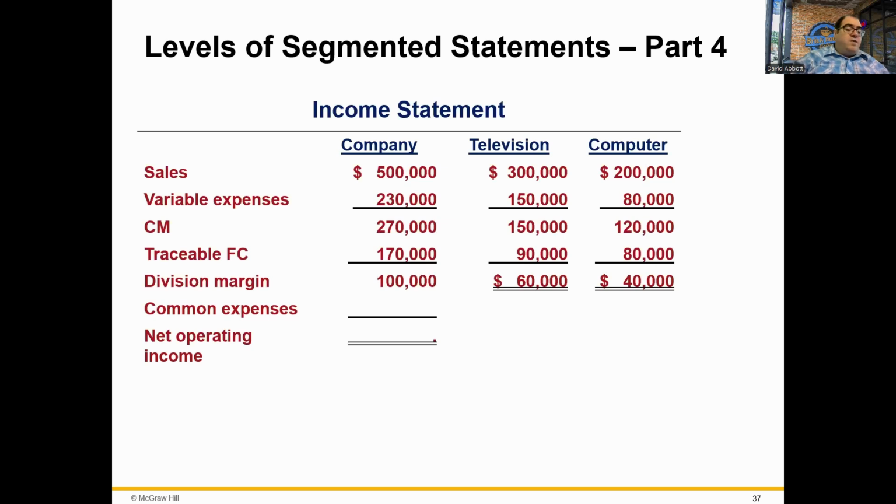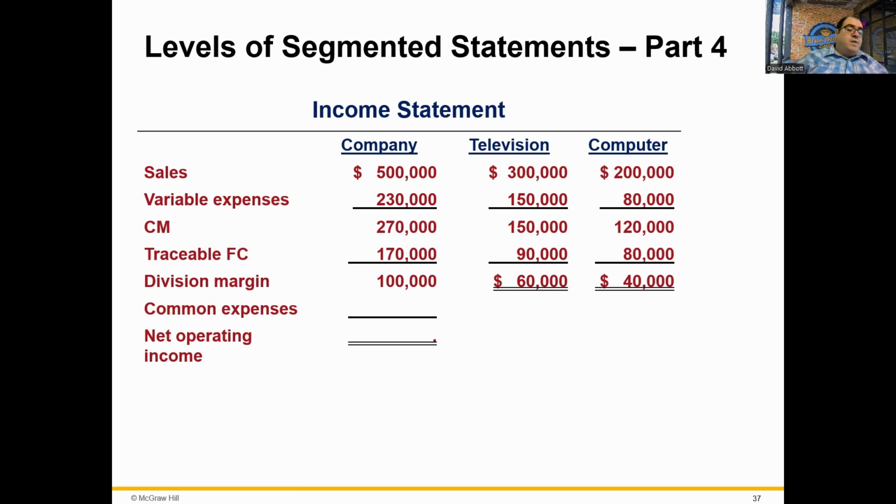Now, the television division's results can be rolled into Weber Inc.'s overall results as shown. Notice that the results of the television and computer divisions sum to the results shown for the whole company. Because again, they have their television division and their computer division. You add up both divisions together, and you get the amount for the entire company.